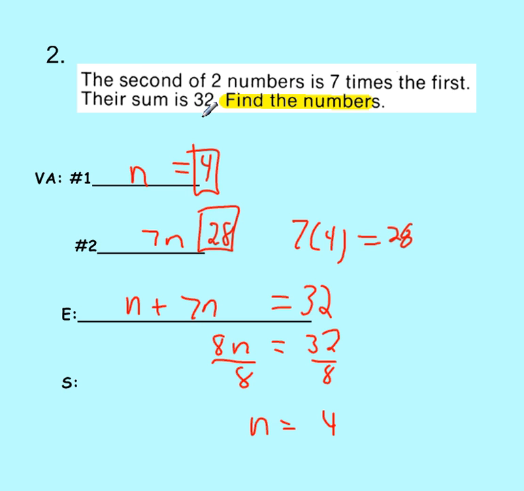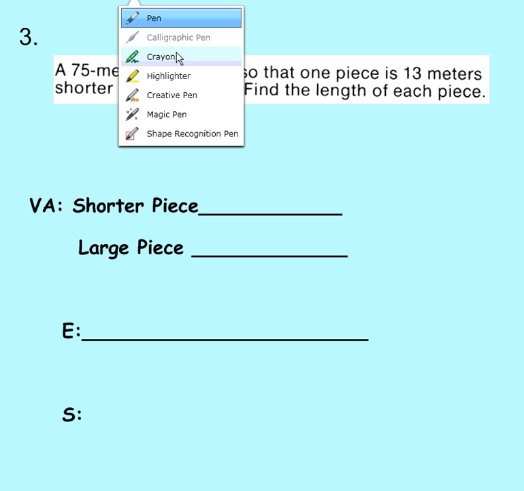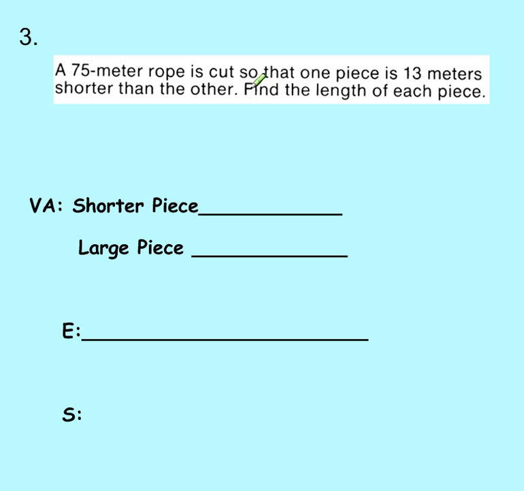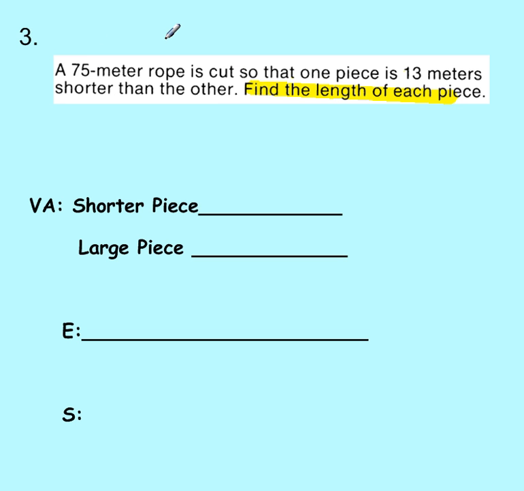Number 3. Find the length of each piece. That's our question. So I have to decide, am I going to make my captain variable the shorter piece or the larger piece? I'm going to read through the problem here and make a decision. A 75-meter rope is cut so that one piece is 13 meters shorter than the other piece.